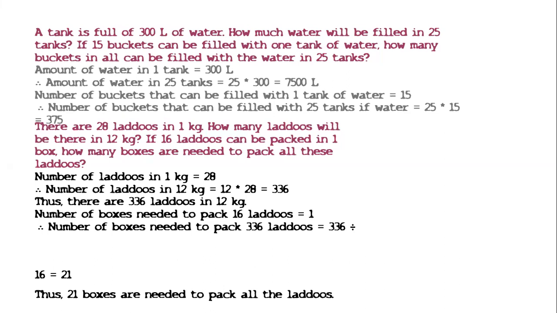28 in one box, 1 kilo, 12 kilos. 336 laddus. So my answer is 336. 16 laddus in one box. Okay, one box, 16 laddus. So 336 laddus should be divided into boxes of 16. 336 divided by 16, so divide.